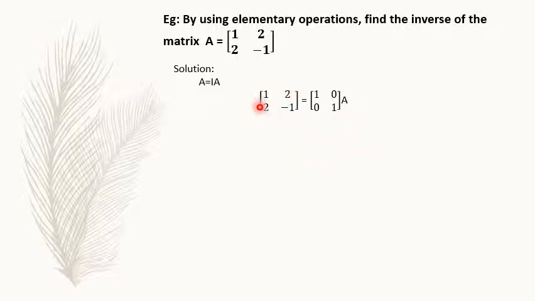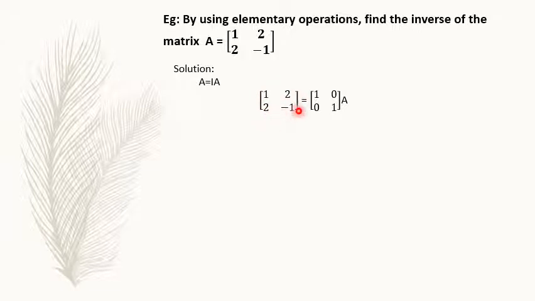So how can we convert this matrix to an identity matrix? First we need to check whether A11 equal to 1. Then we need to convert all the remaining elements in that column to 0. So first A11 should be 1, and the remaining elements in that column should be 0.